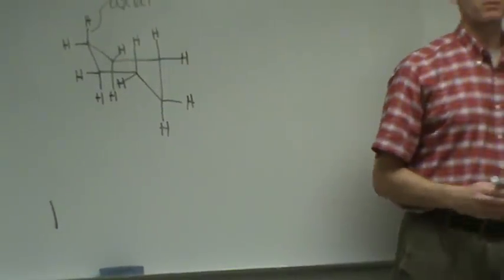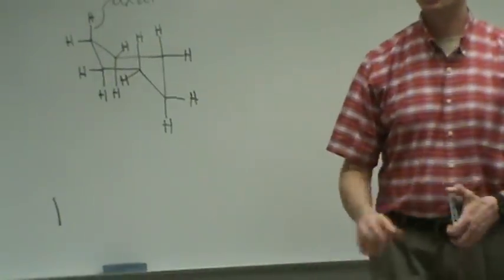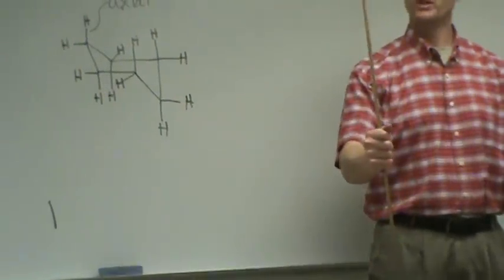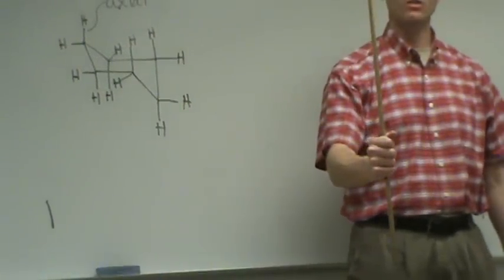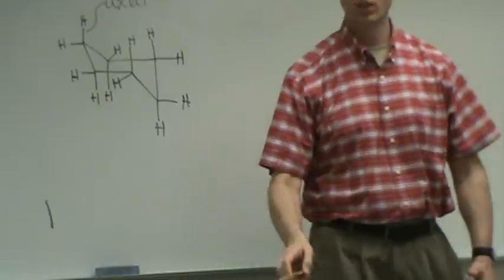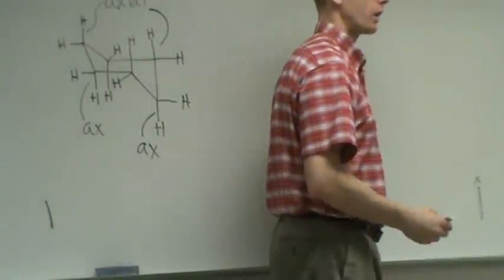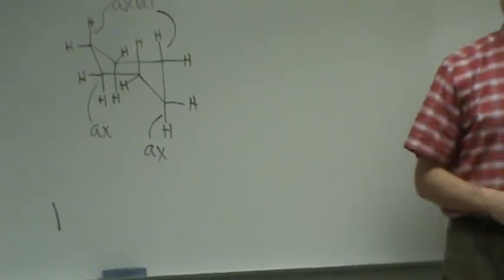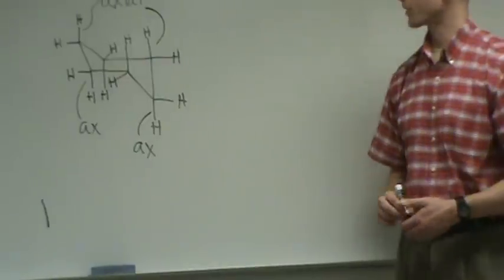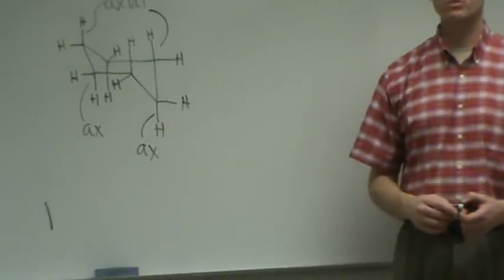Remember, axial hydrogens are on the bonds going straight up or straight down, like the axis of the Earth. So you get axials there, and there. You'll have a total of 6 axial hydrogens, one for each carbon.